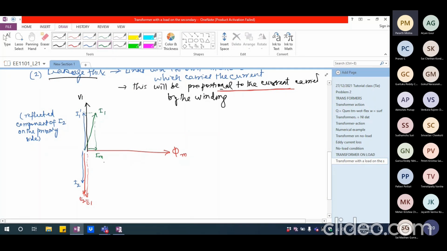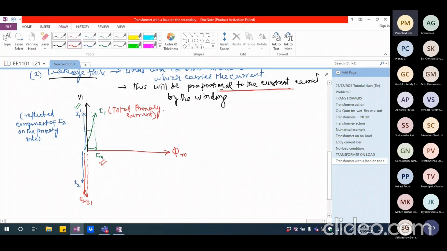Please remember this IM is less than 5% of I1 dash. So really the phase angle I am seeing here may not be anything much, because this current itself is pretty large, whereas this current is very, very small as compared to I1 dash. So this is the total primary current.